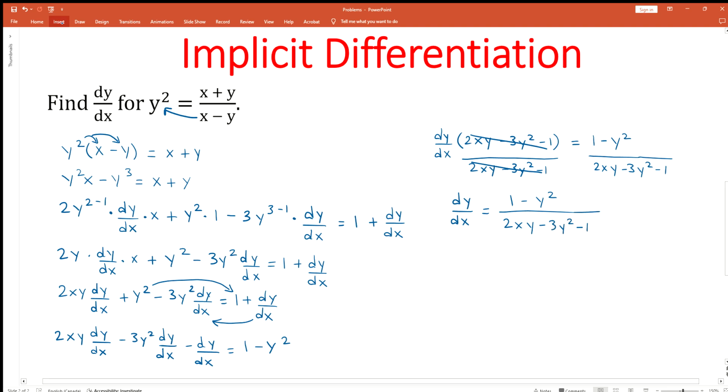This is the value of dy over dx. We cannot simplify this expression, so this should be the final answer for the value of dy over dx for the given equation.